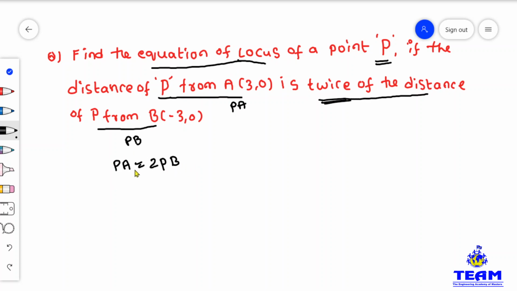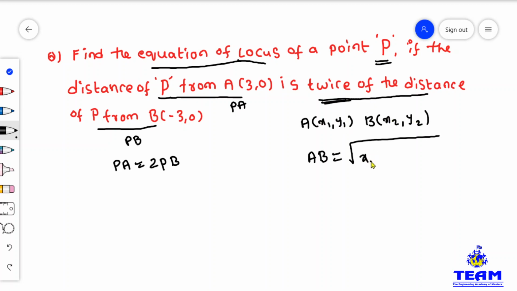What is meant by PA? PA is the distance from point P to A. We have a distance formula, friends. If A is a point (x1, y1) and B is another point (x2, y2), the distance between these two can be denoted by AB, or BA also, and it is equal to the square root of (x2 minus x1) whole square plus (y2 minus y1) whole square.